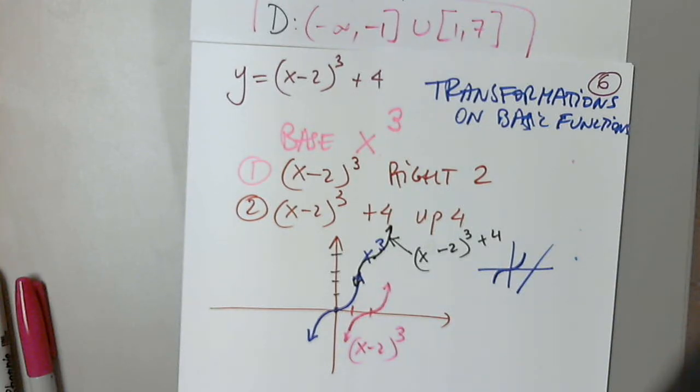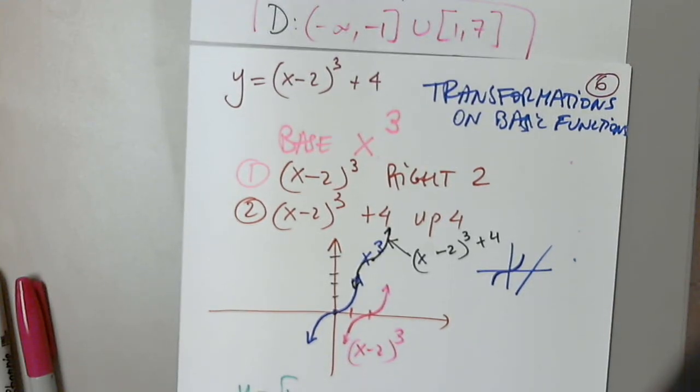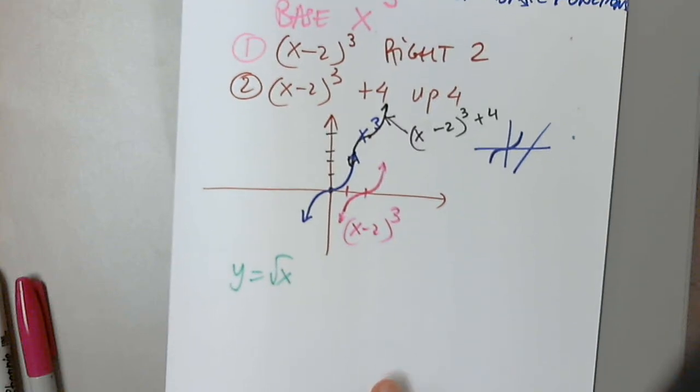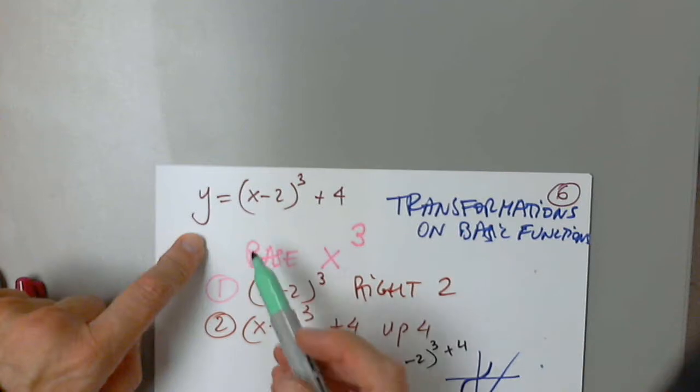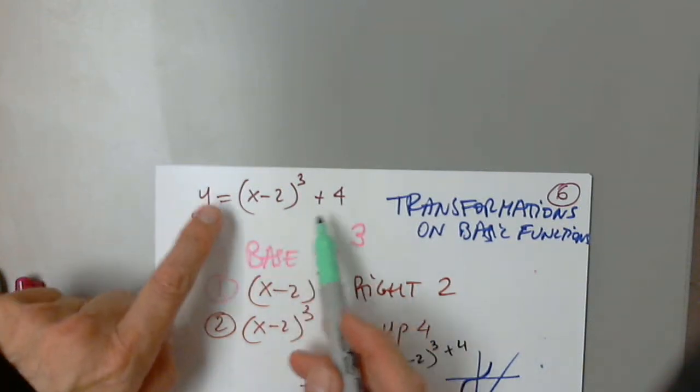Any questions on this problem? Any questions? Are we okay? Okay. Next one is y equals the square root of x. In the previous example, I didn't ask you anything about the domain because there is no discussion there. This is a polynomial.